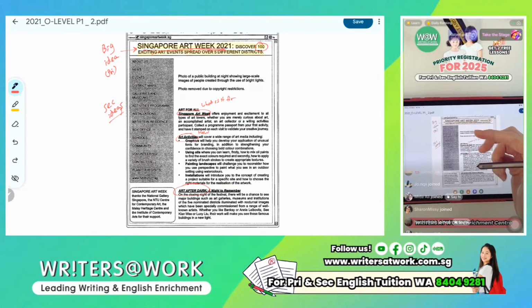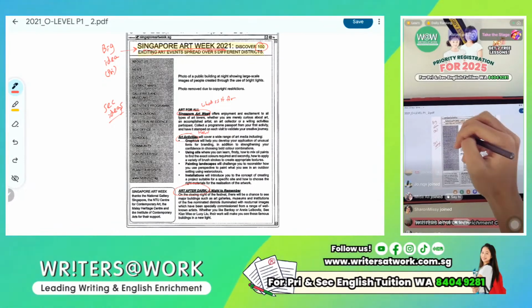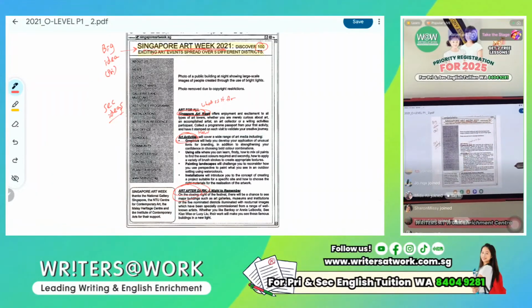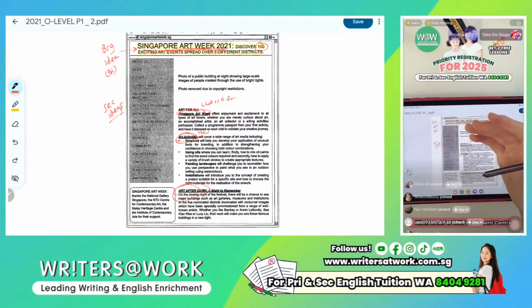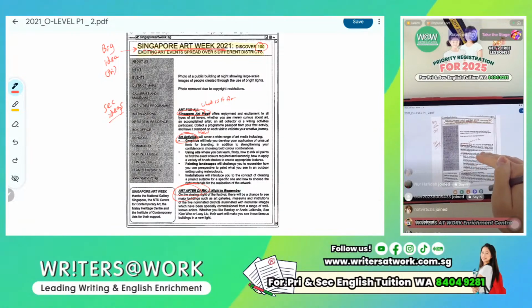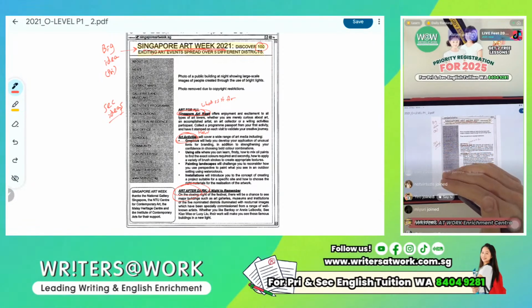But the idea is you need to know, okay, my big idea is on this art week, and I have one, two, three secondary ideas, such that when the question later that we'll see asks you about certain aspects of this poster, you know where to zoom in on, and you know how to tackle that question quickly within a short time span of your 1 hour 50 minutes during your paper 2. Your stimulus should take no more than 20 minutes.